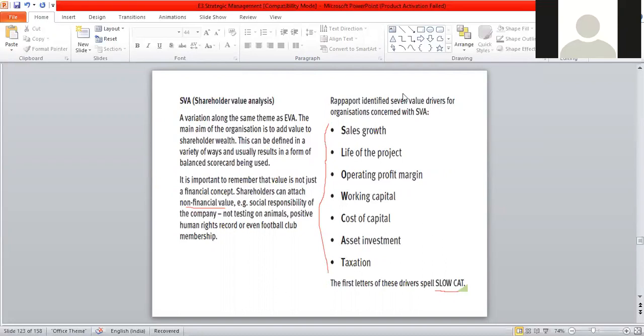Why is it important to add value to the shareholders? What happens if they are dissatisfied? They are the direct investors of the company. What happens if they are dissatisfied?